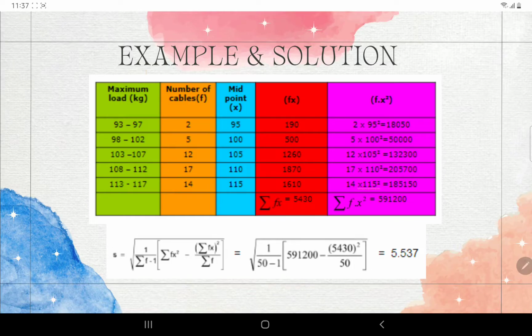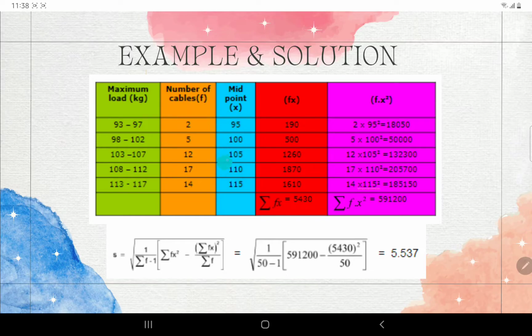Let's take a look at this example. This is a question about grouped data. We have the maximum load here in terms of class, and then we have the frequency, and then we need to find the midpoint.